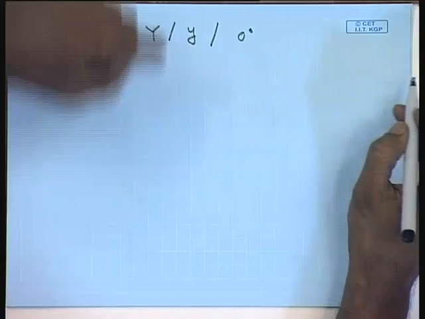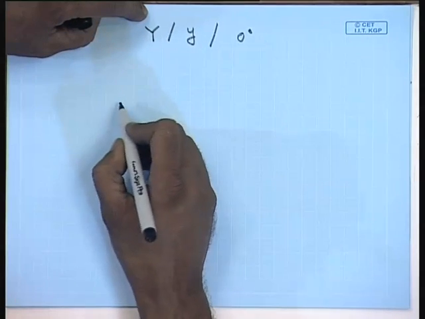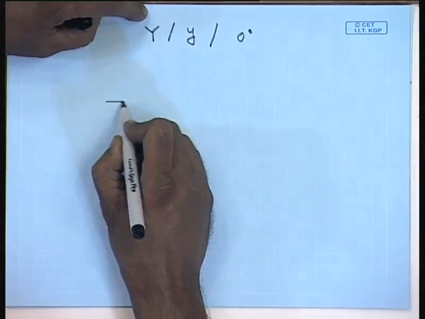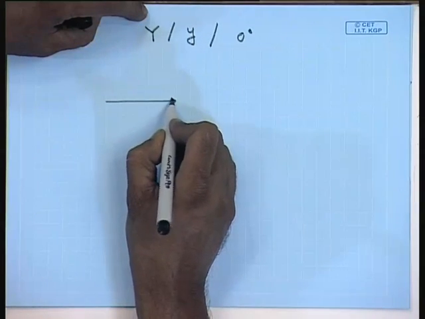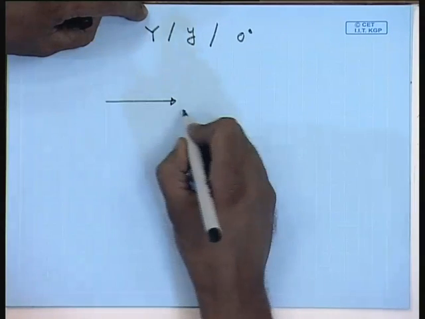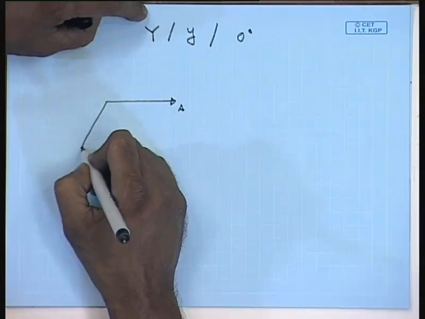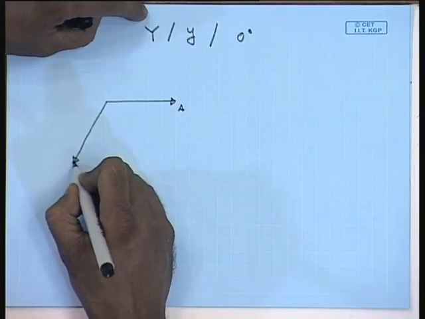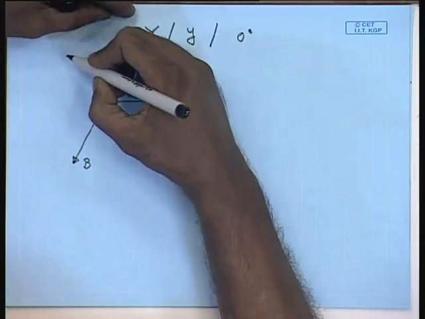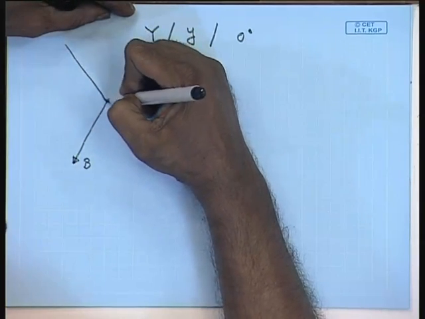So, how the Y 0 degree line to neutral phase voltages will look like, the phasor diagram. Let us say this is phase A of the high voltage side, and this is phase B of the high voltage side, this is phase C of the high voltage side.